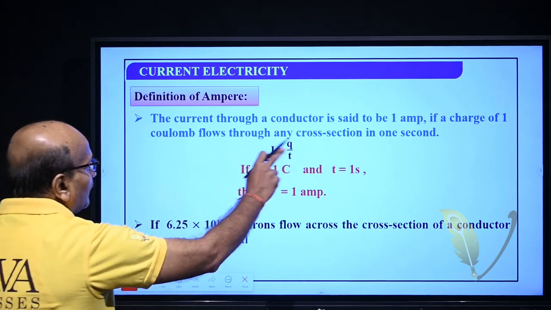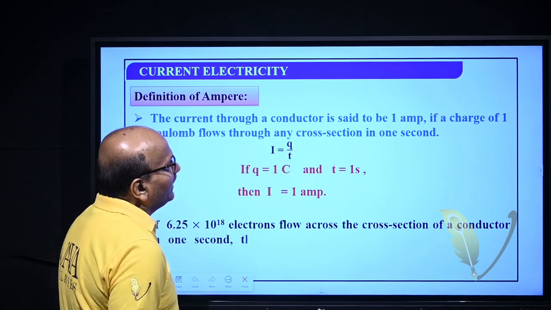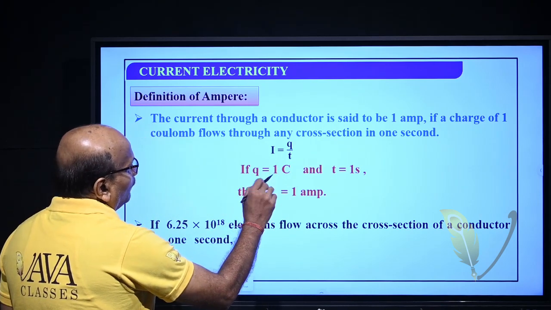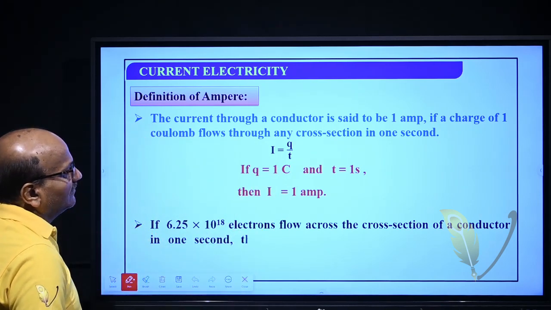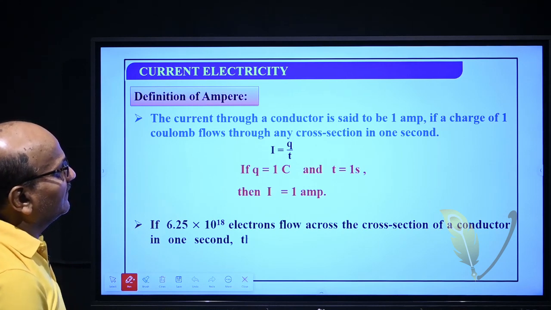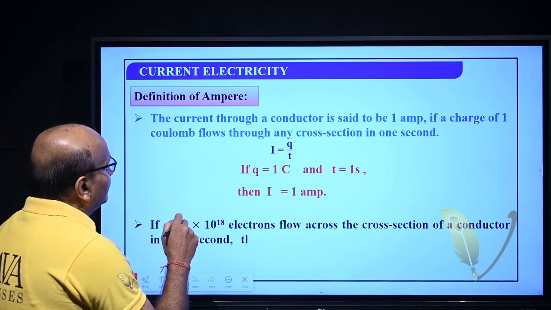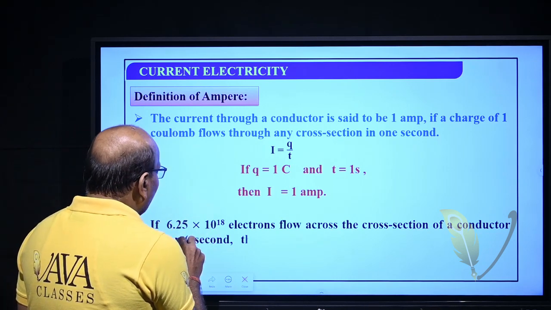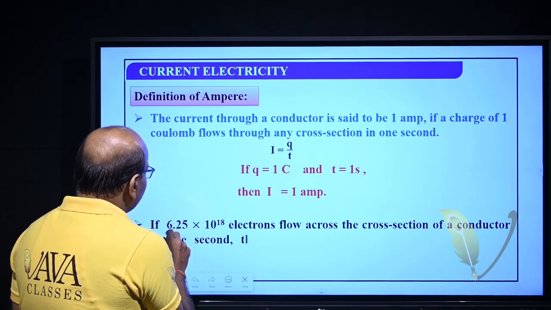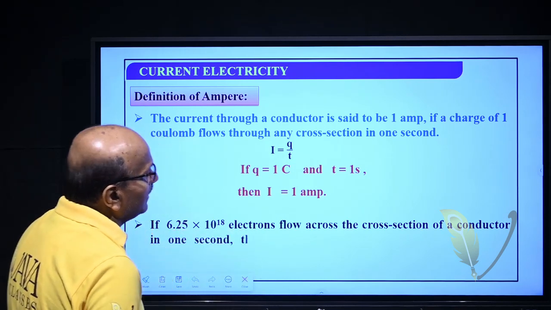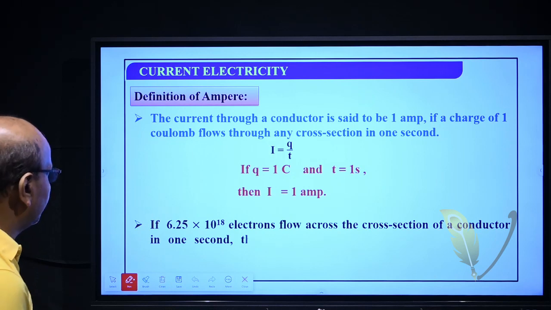So current through a conductor is said to be 1 ampere if a charge of 1 coulomb flows through any cross section in 1 second. And 1 coulomb means how many electrons? 1 coulomb charge means 6.25 into 10 to the power 18 electrons flow across the cross section of a conductor in 1 second.